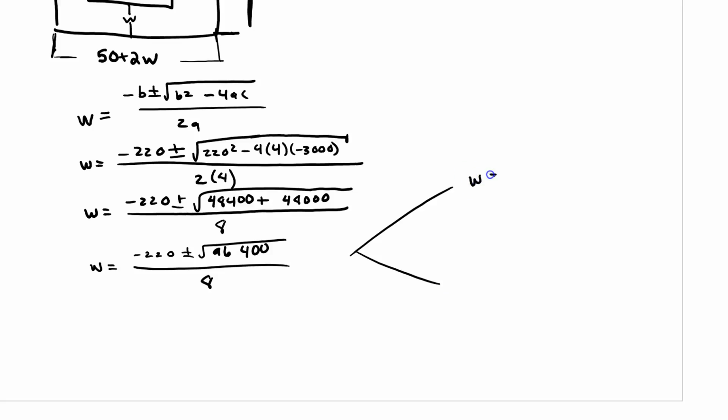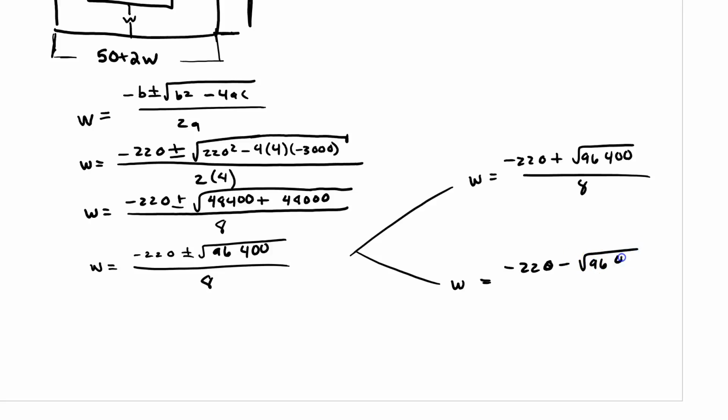We can say W equals negative 220 plus the square root of 96,400 over 8, or we can say W equals negative 220 minus the square root of 96,400 over 8. I can tell you right off the bat, without any kind of simplification, this second one is going to result in a negative number.